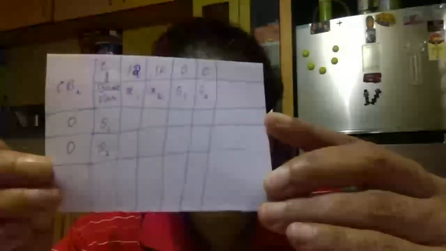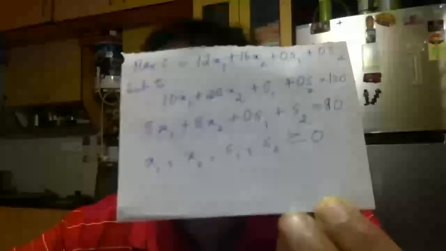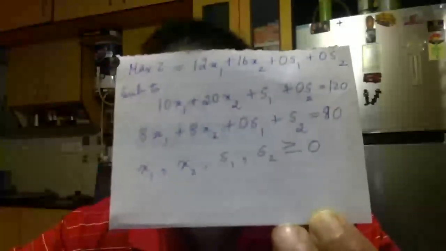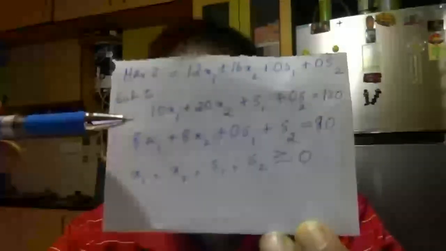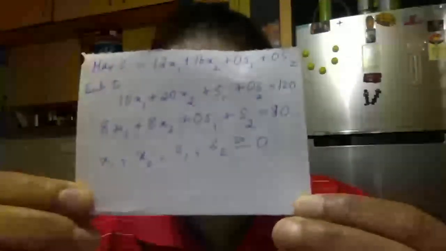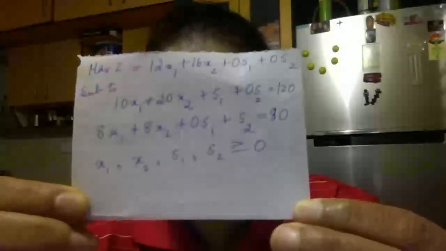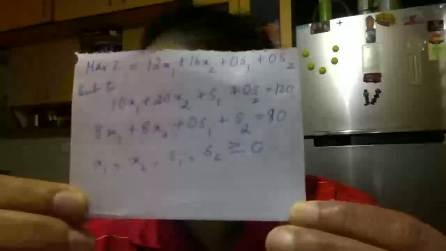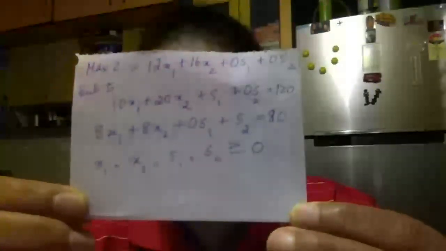The first constraint was 10x1 plus 20x2 plus 1s1 plus 0s2. So the coefficients will be 10, 20, 1 and 0.